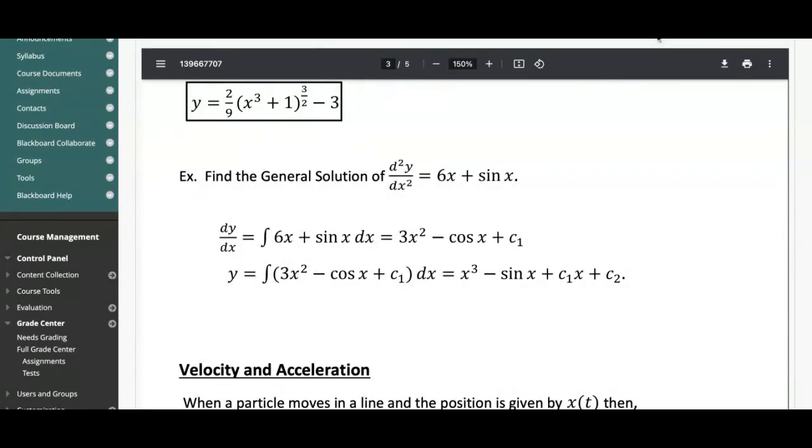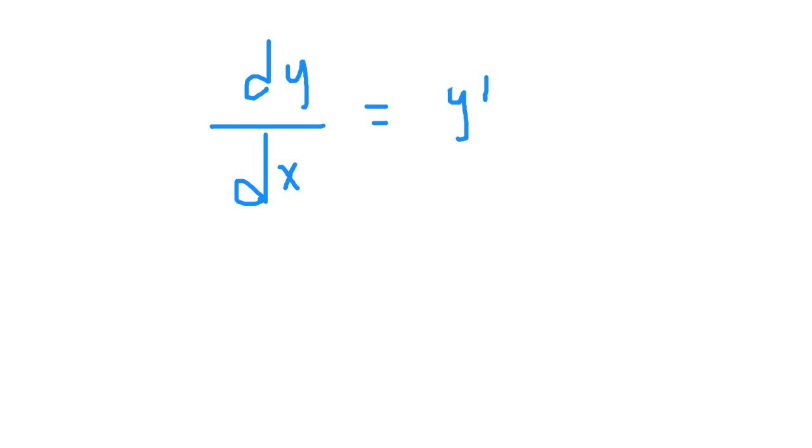Let me just explain this because you're not in my class before. This may feel weird for you. Where does this come from? So we have dy dx, right? When we take a derivative of y, this is same as y prime. But then we want to take a derivative of this, because what is this?